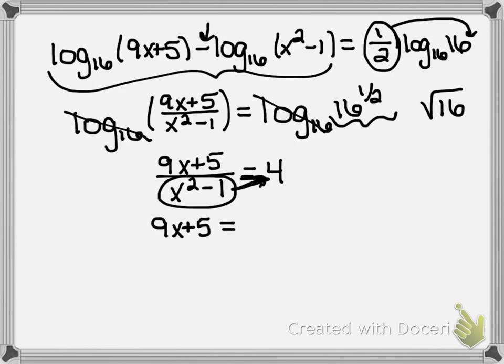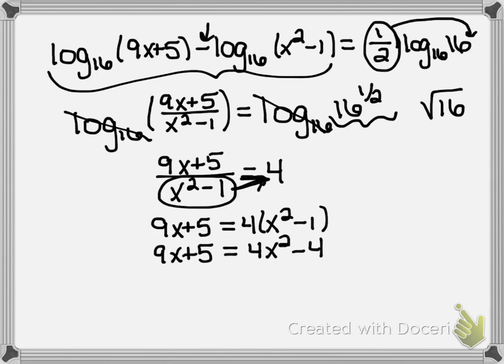And so I will have my 9x plus 5 on the left side still. And when I multiply this denominator up to the right side, I need to remember to distribute, because technically this is 4 times x squared minus 1. So what I have is 9x plus 5 on the left, and 4x squared minus 4 on the right.